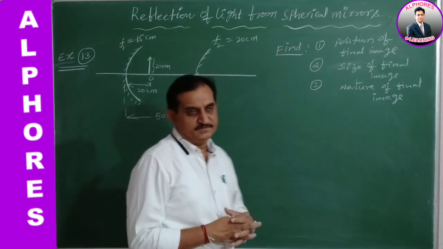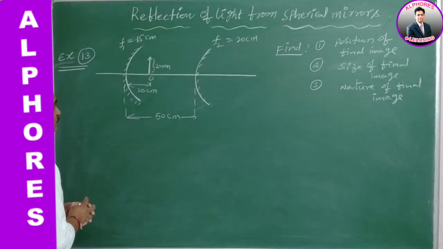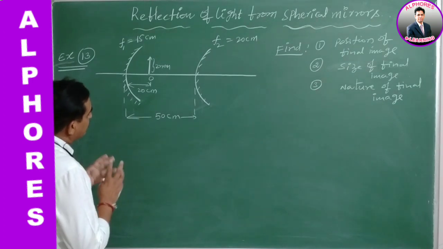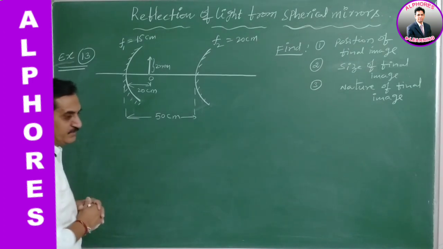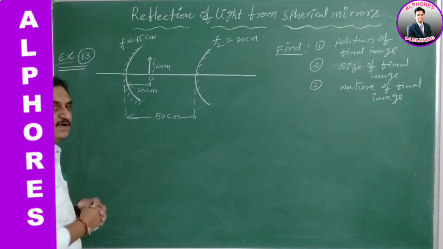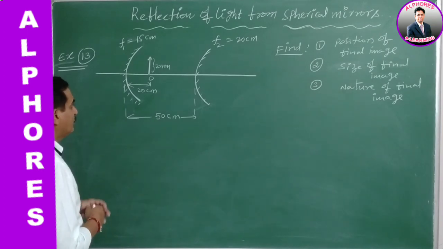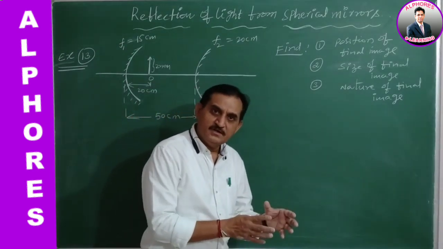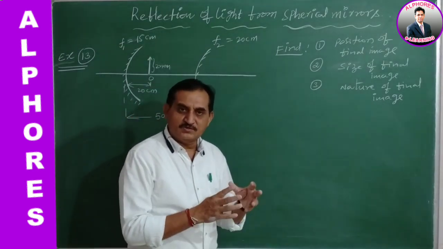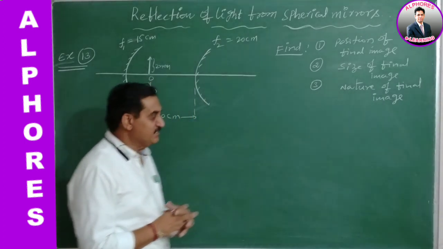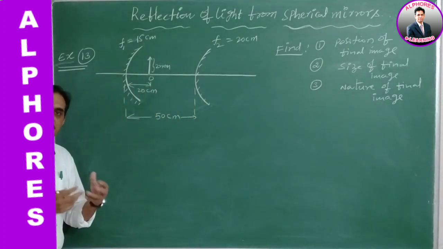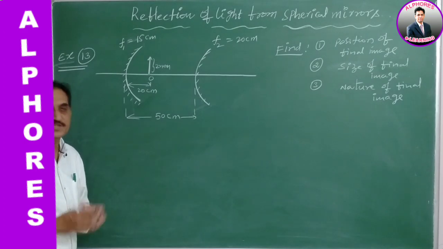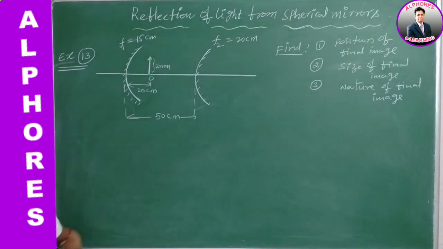Let us take the concave mirror first and then the convex, because that order was mentioned in the problem.